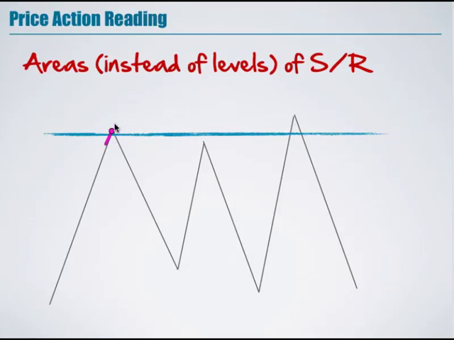So if you have these three price peaks, okay, these three price swing tops, and despite the fact that they don't quite all come to the same level right to the pip, I simply simplify things. I simply draw one specific line, trying to more or less get it somewhere in between all those price levels, and I simply make a mental note knowing that there is a little bit of a buffer both to the downside and to the upside.